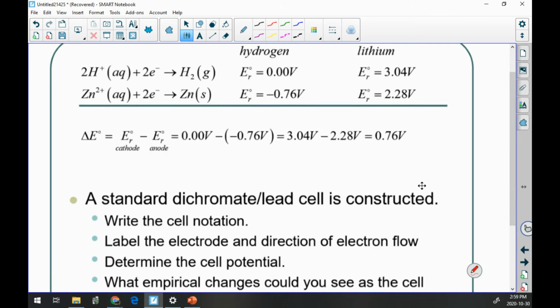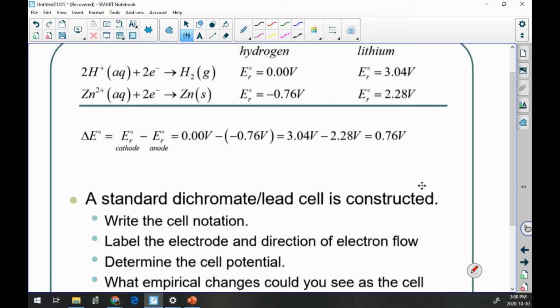And there's just the idea again. We set hydrogen to be 0. We set zinc to be negative 0.76. So the difference is 0.76. If I had set the lithium half cell to be 0, then the hydrogen half cell would be positive 0.304, lithium being way at the bottom, the last one on our table.